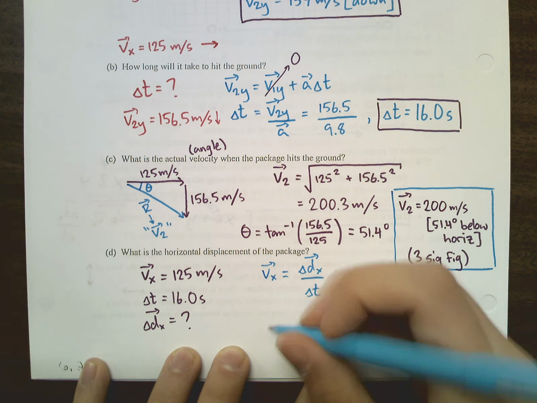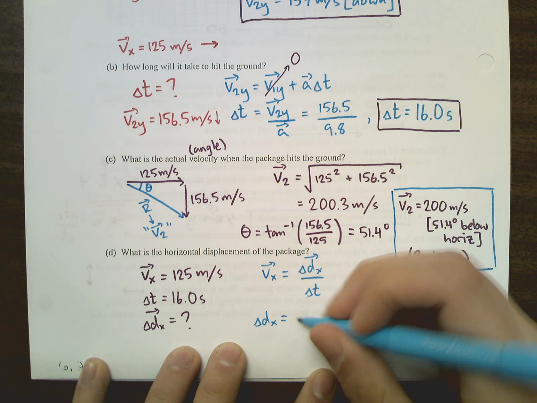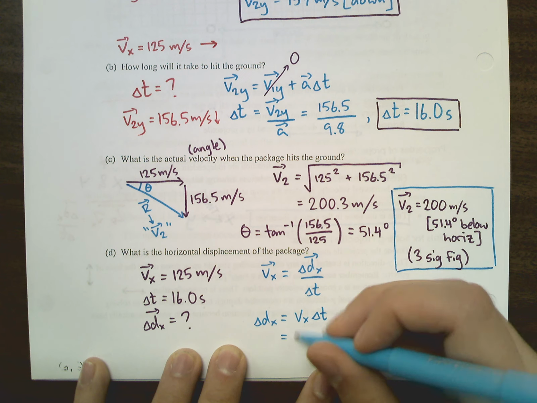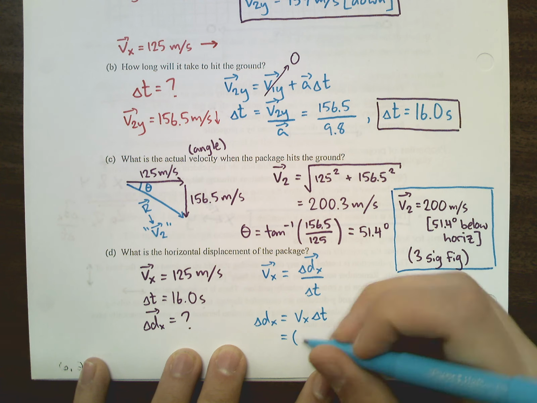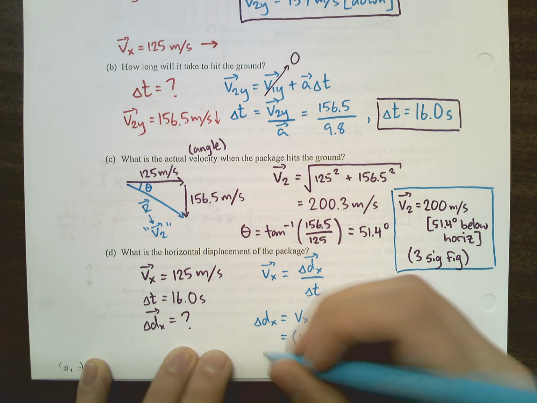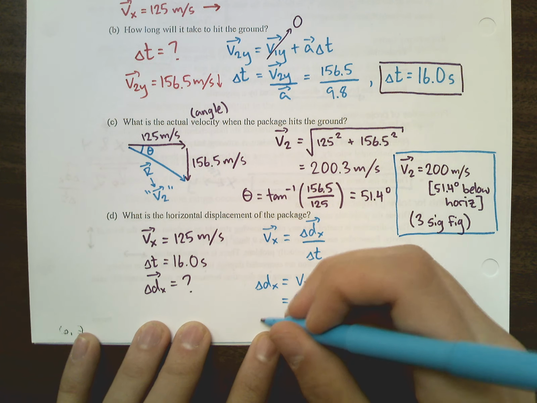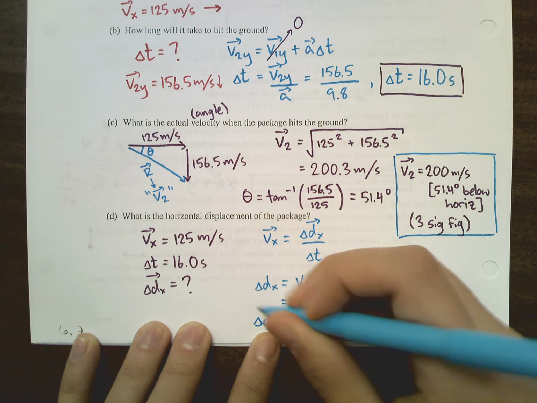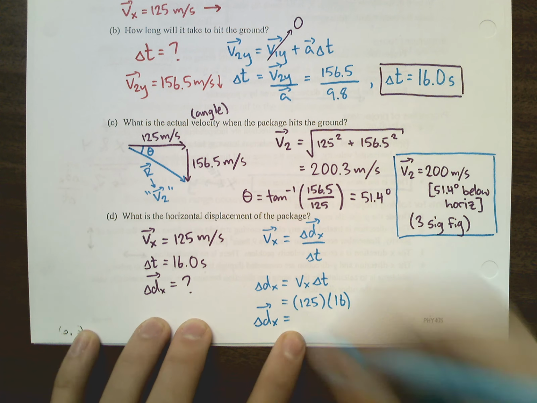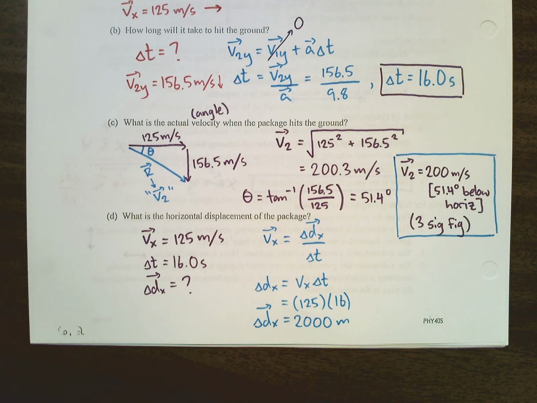And therefore, if I solve for delta dx, we get Vx times delta t, which is 125 times 16. So delta dx is equal to, if I plug that in, I should get 2,000 meters.